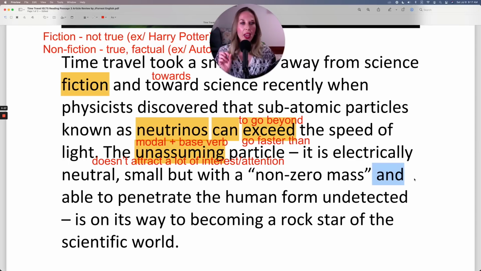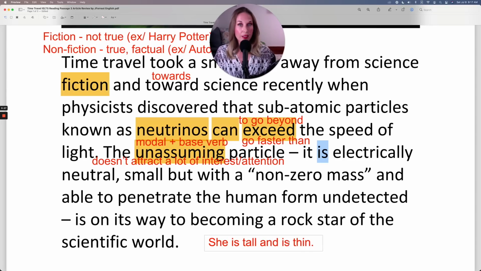So when we have and, you don't need to repeat the main verb. So you can say, for example, she is tall and thin. Okay? She is tall and thin. So you don't have to say she is tall and is thin. You can get rid of this main verb and just say she is tall and thin.